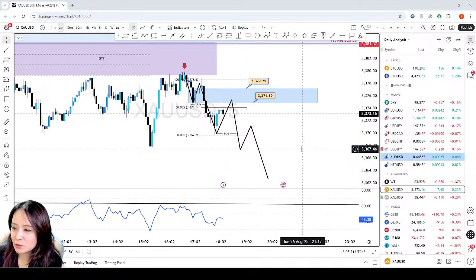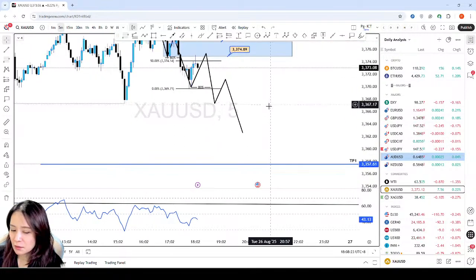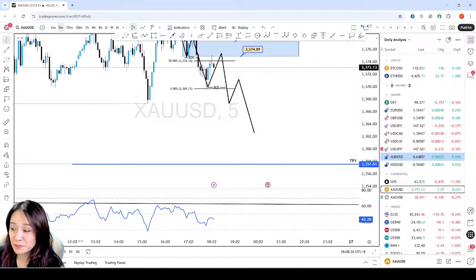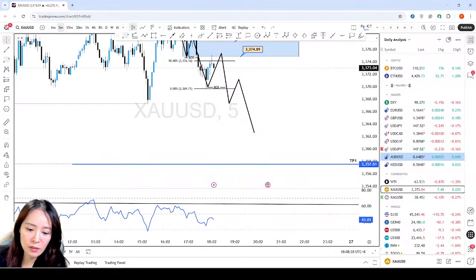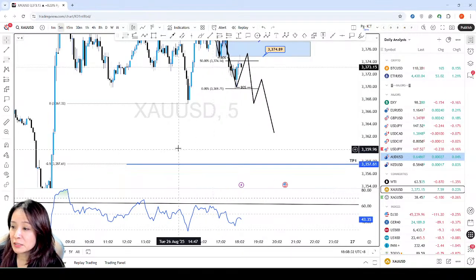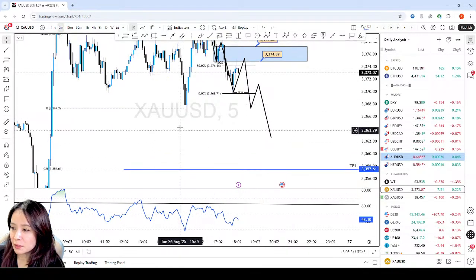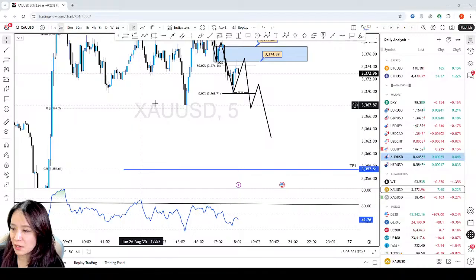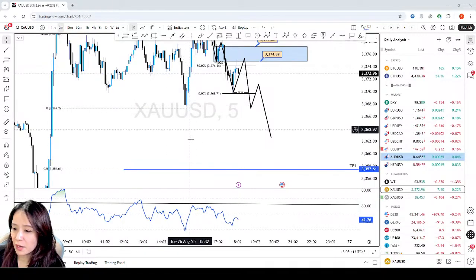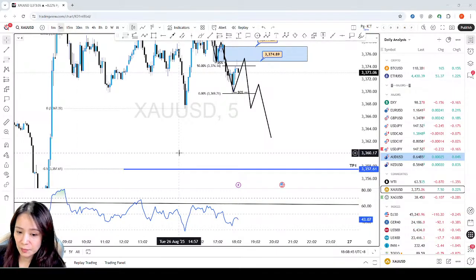Okay, price is falling, so just aim for our TP. My TP first for scalping, I will put one at 58 at this previous low, and TP2 is gonna be at another 58, so about another 100 pip.